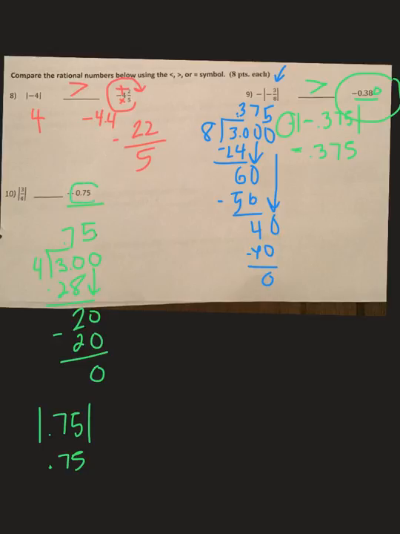Well, the opposite of negative 75 hundredths is positive 75 hundredths. So you're comparing 75 hundredths to 75 hundredths, and those two things are equal. So the answer here at the very top should be an equal sign, because these two things are exactly the same.